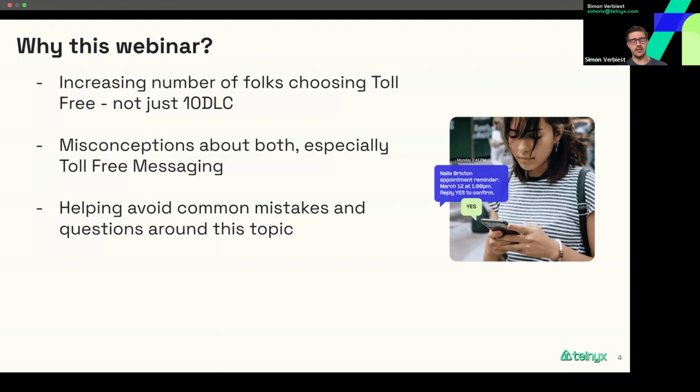So the way people are thinking and using SMS, particularly for the US market, is shifting. And then, of course, there are some misconceptions about both of these number types and how to use them. So as usual, we thought we'd put on a quick show to help you avoid common mistakes and questions that people tend to have around this topic.